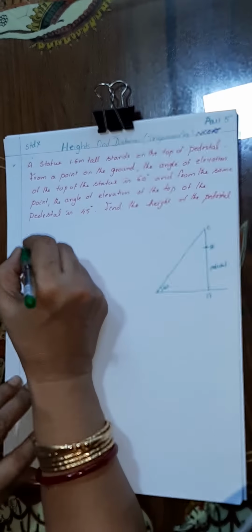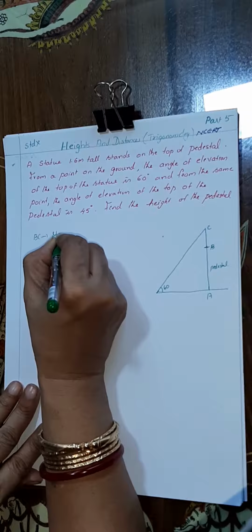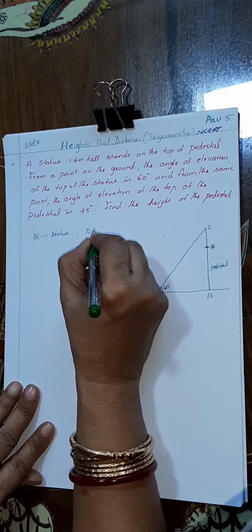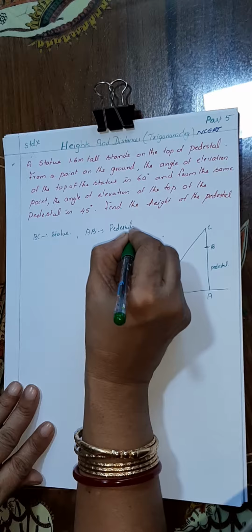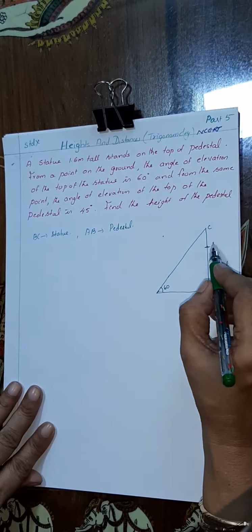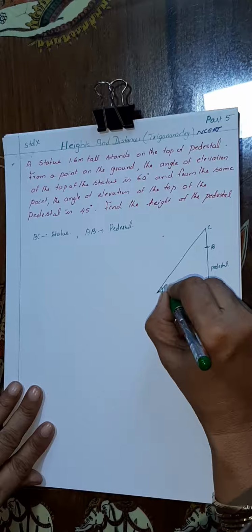So here BC is the statue and AB is the pedestal. And from the same point the angle of elevation of the top of the pedestal, this is 45 degrees.